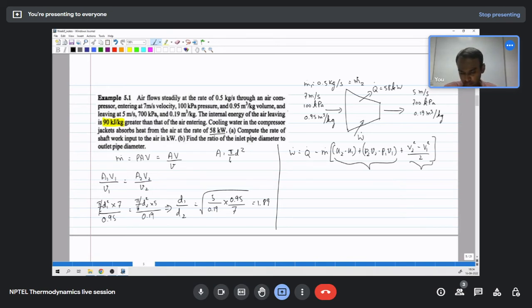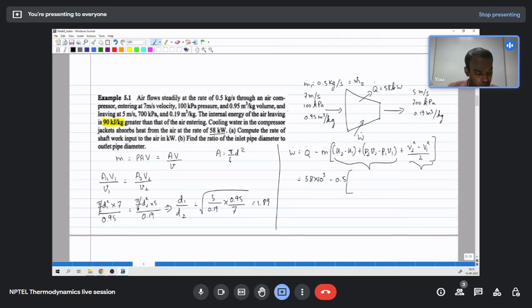Now M dot is also known, so I think we can directly calculate. Q dot is 58 kilowatt. I would write it as 58 into 10 power 3 joules per second, minus M dot, which is 0.5. U2 minus U1 is 90, because the internal energy leaving is greater than that of the air entering.